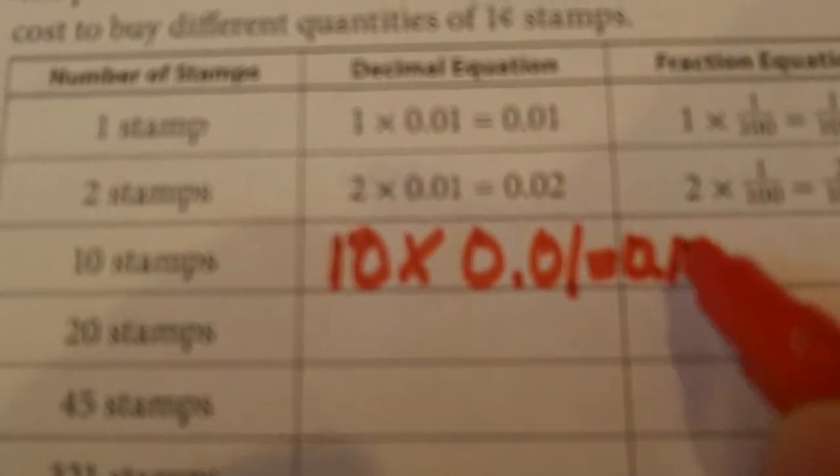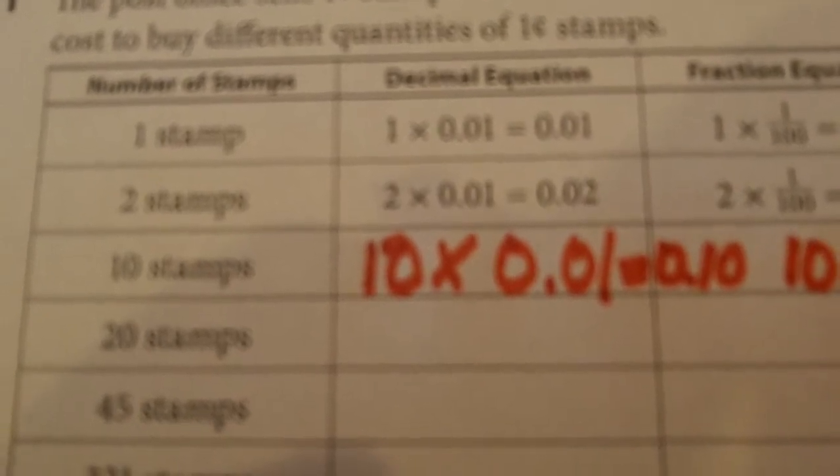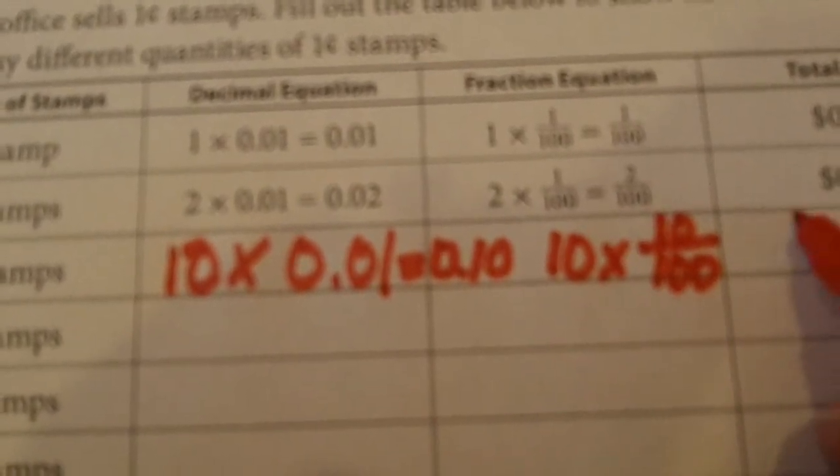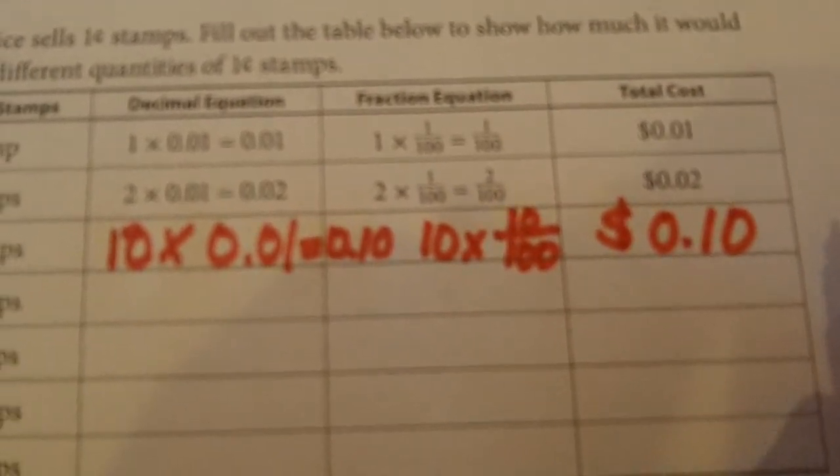So now we have 10 stamps. So I'm going to do 10 times, I'm going to follow kind of the pattern, and that would give me 10 cents now. So now I'm in the 10th column. Now how would I write that as a fraction? 10 times still 10 over that 100 or that dollar, which would give me, of course, that 10 cents.